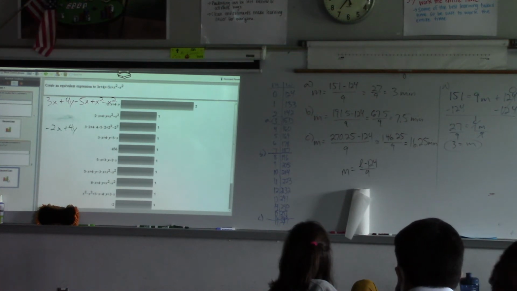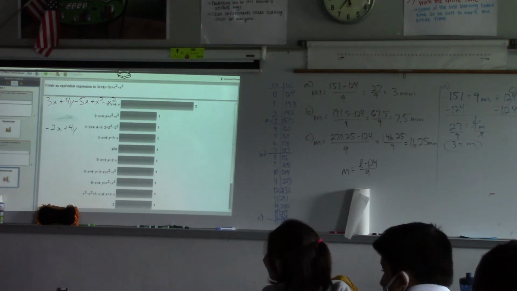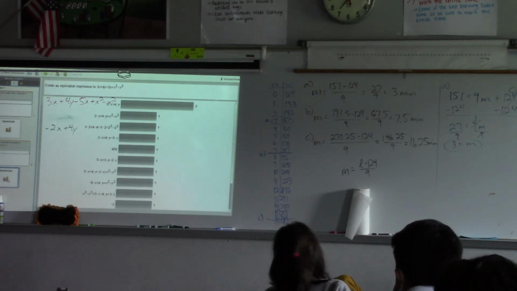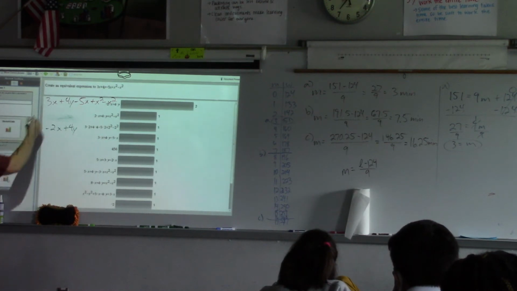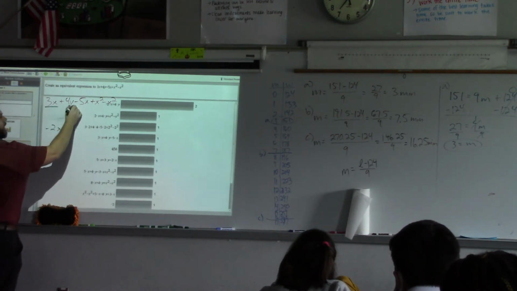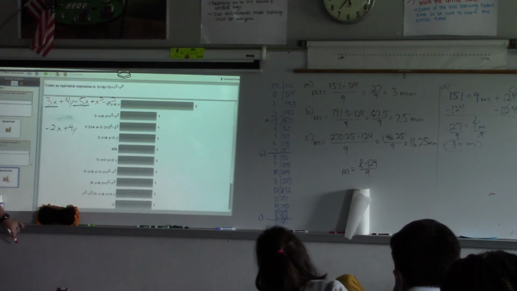Who was the other one? Rose? What you do, Jalen? So negative 5 minus negative 3, I got negative 2x. So you took this 3x and you subtracted that 5x from it?